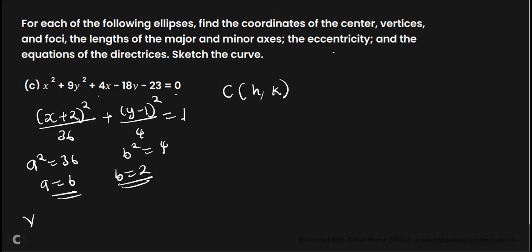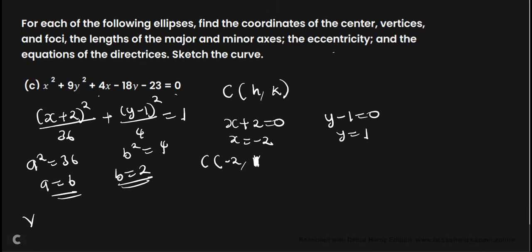What you do, you go where there's x squared, x plus 2 equated to 0, then x is equal to negative 2. Then y minus 1 equal to 0, then y equal to 1, such that your center will be negative 2, comma 1, right? And that is your center.